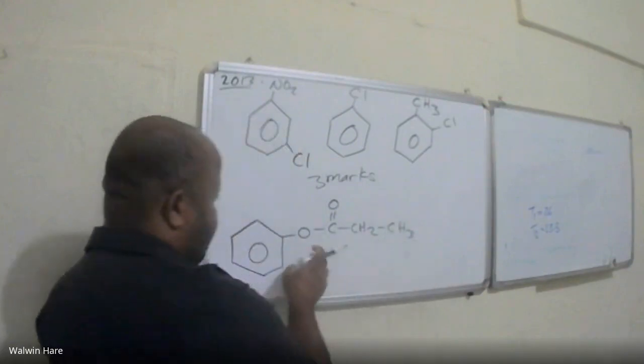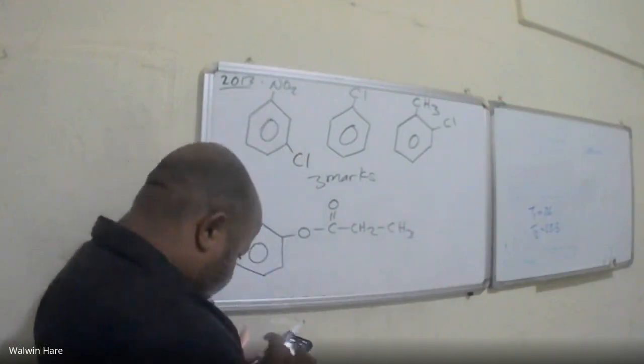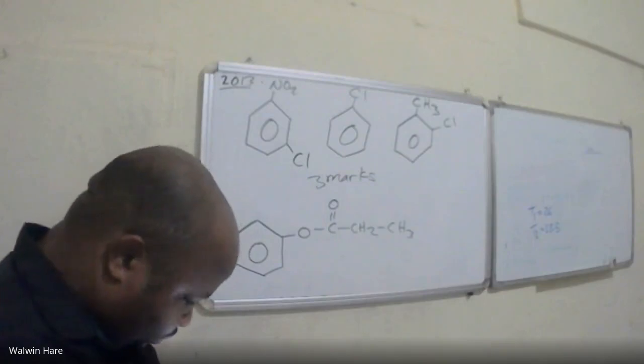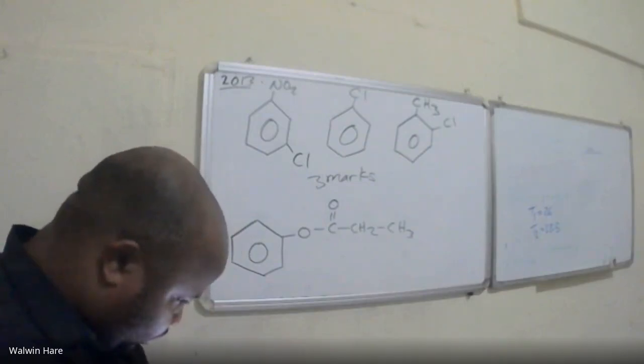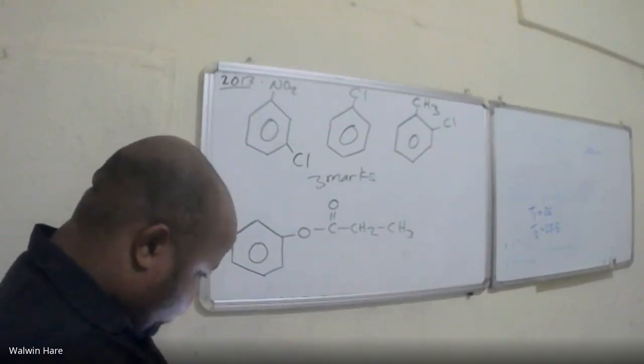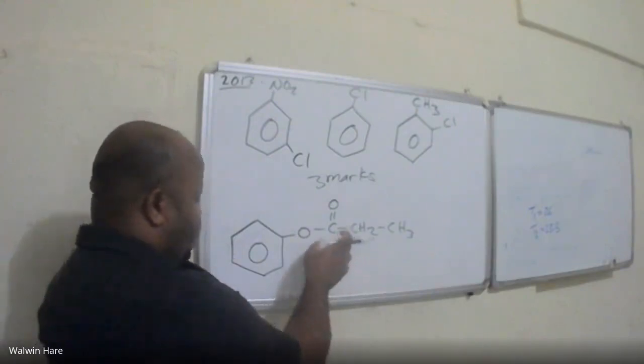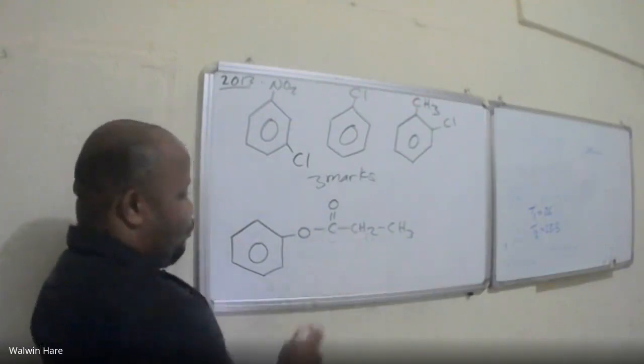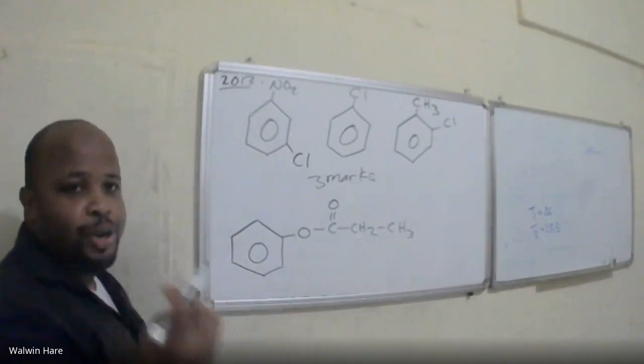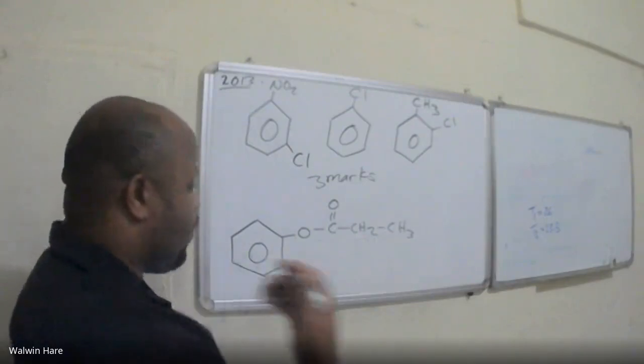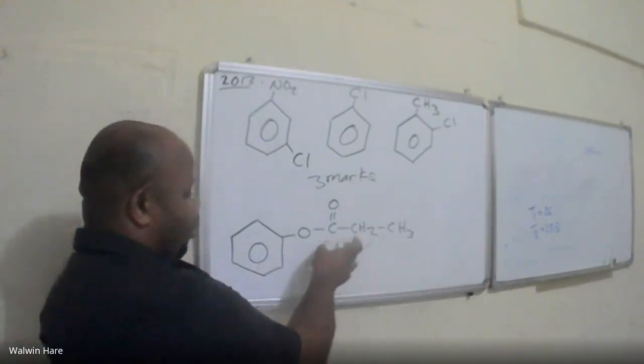Right, so remember we did this one from part same 2013. All right, number 4A, we did it earlier, where we had to write which reagent would react with phenol to give you this product, right?